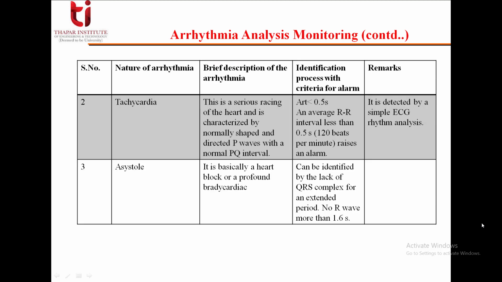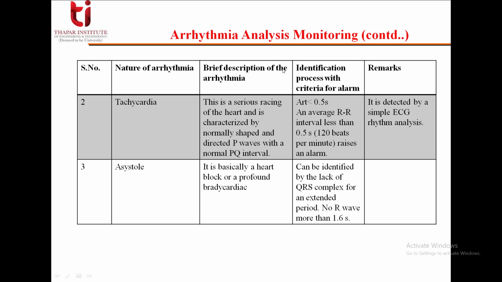Now the next is tachycardia. This is a serious racing of the heart and is characterized by normally shaped and directed P waves with a normal PQ interval. In this, RRT, or I can say ART, is less than 0.5 seconds, that is, the average RR interval is less than 0.5 seconds.